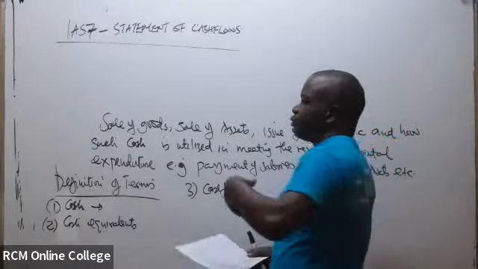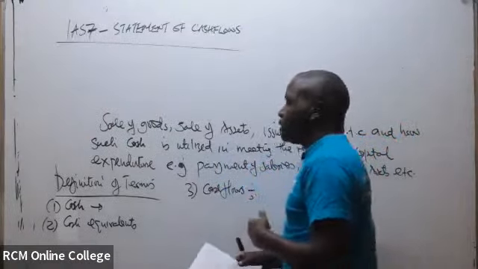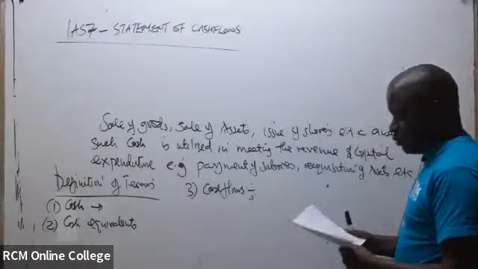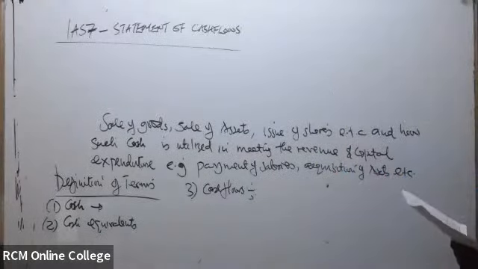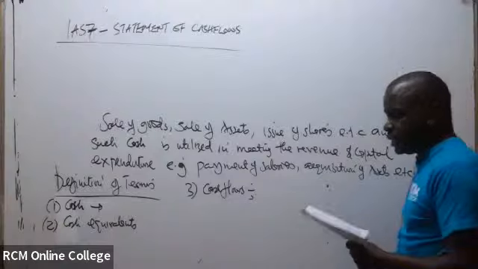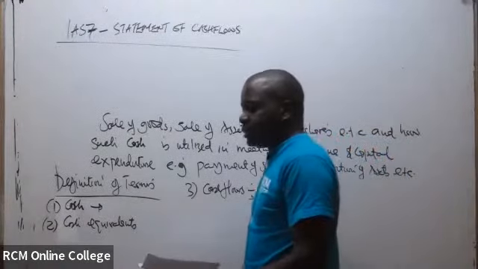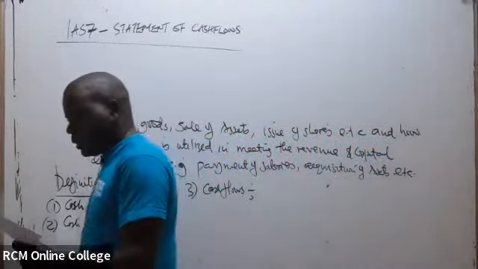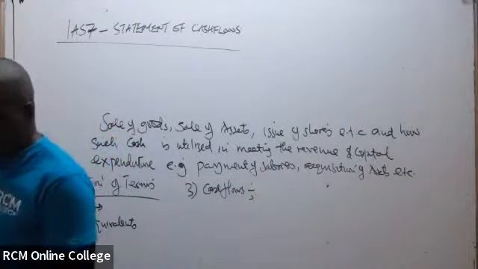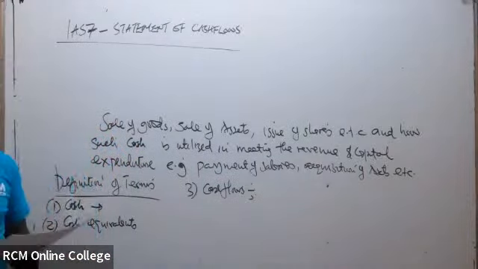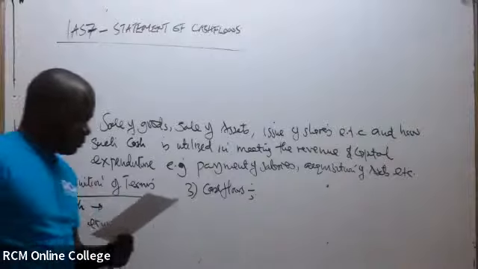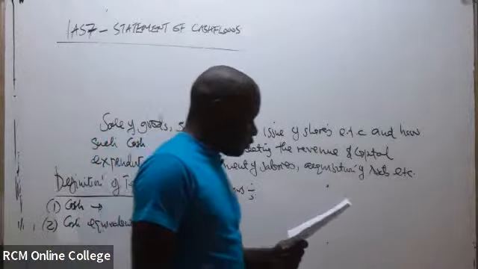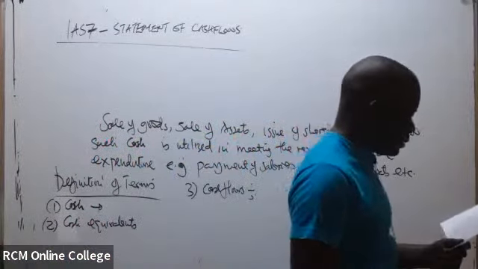So when they are having to come in and go out, we refer to that process as what? As cash flows. These are inflows and outflows of cash and cash equivalents.